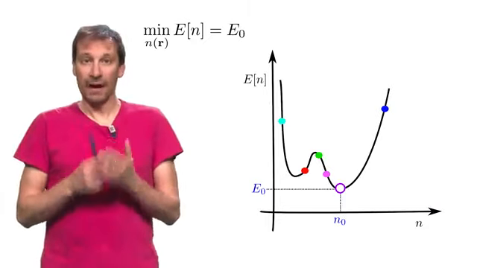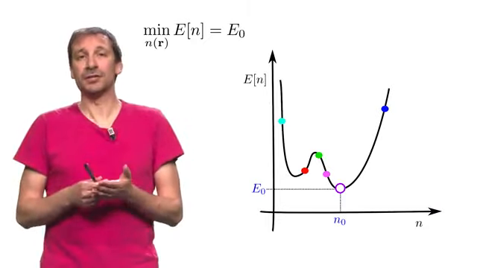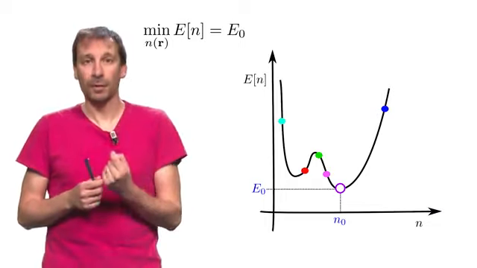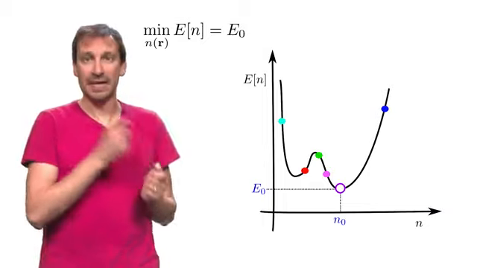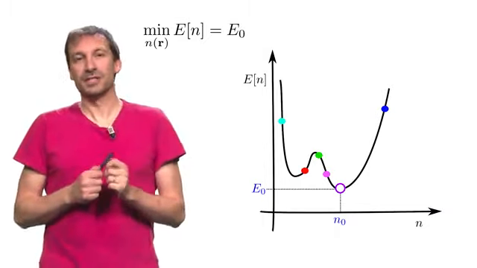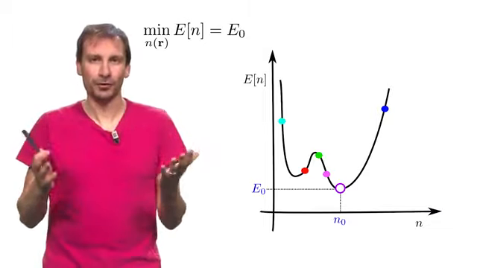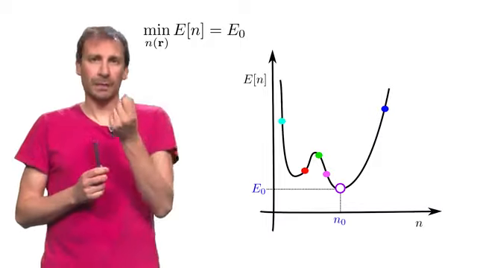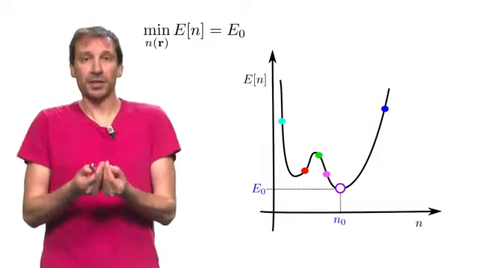We can now evaluate the minimum of the total energy, which constitutes the ground state total energy, in correspondence with the ground state density n0. This is not exactly how DFT works in practice, or at least in the majority of applications, but you can clearly see a possible approach, a possible working procedure.